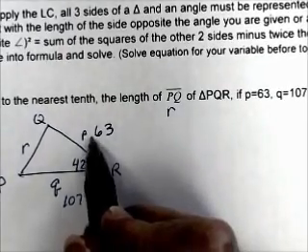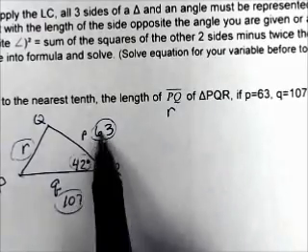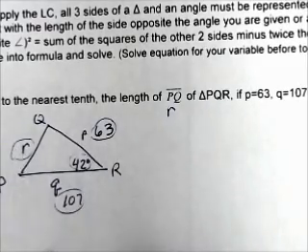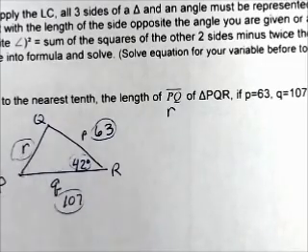We have sides of 63 and 107. We're finding r, and we have an angle. So all three sides are represented. We're trying to find the side represented by r.